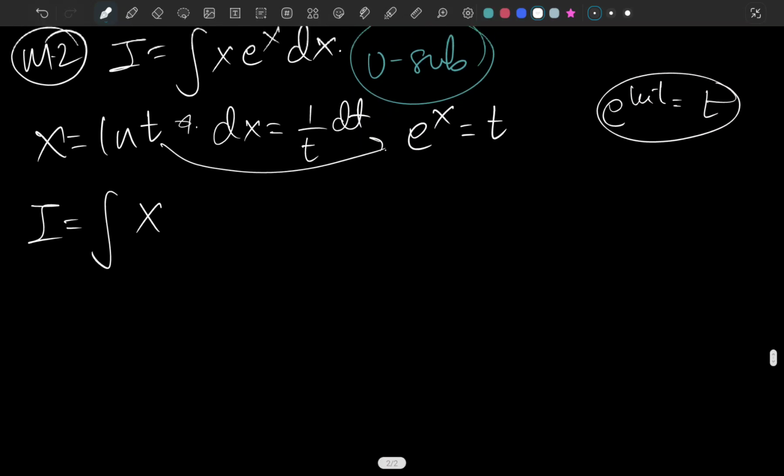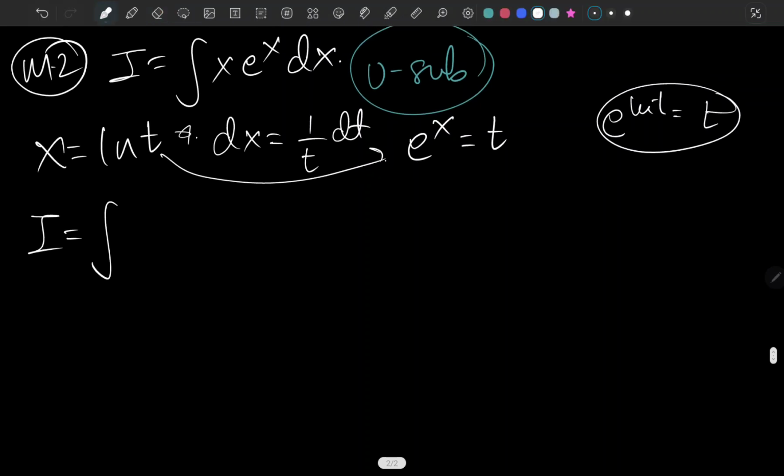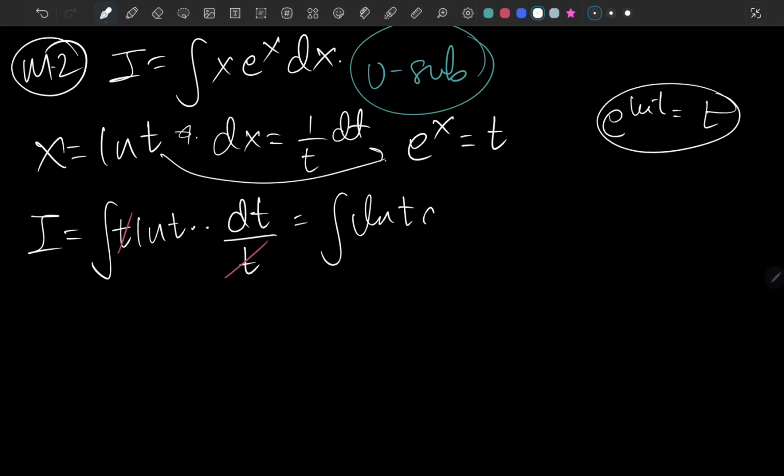I'm sorry, I wrote x here instead of t. So ln t, and times e to the x is t, so I should write it here, and then dt over t. Here t and t cancel out perfectly, and our life is easier. Integral ln t dt.